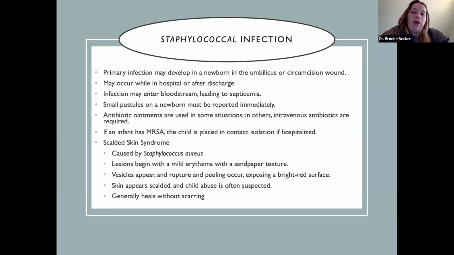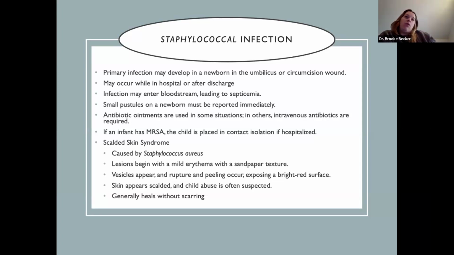Newborns may get staph infections around their umbilical cord, where that was, or also around their circumcision. So make sure you're keeping an eye on that while they're in the hospital, and tell parents to keep an eye on that once they're discharged.